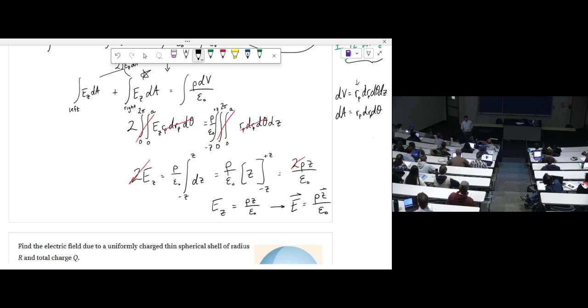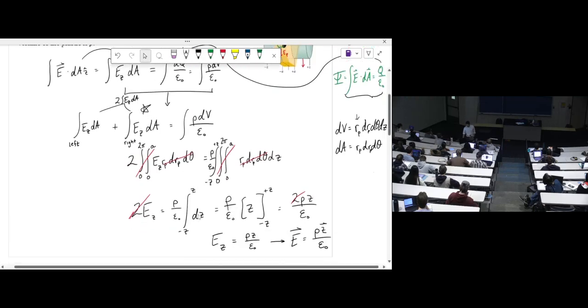Set negative z equal to 0. Yeah, we could have set up our pillbox to have one face in the xy plane.